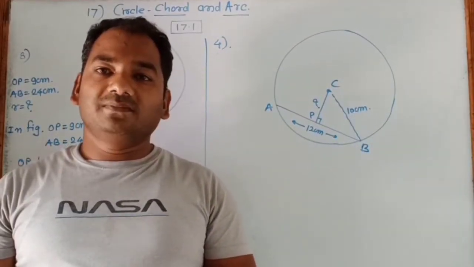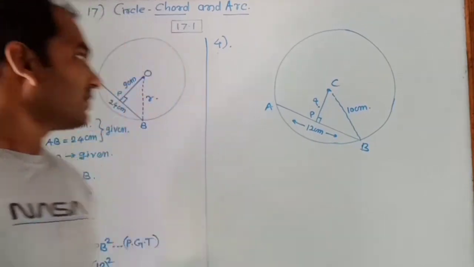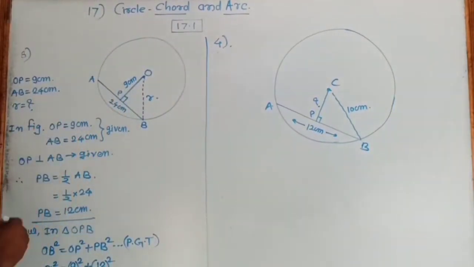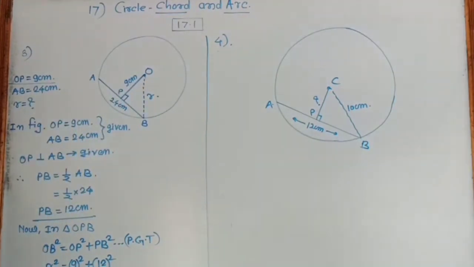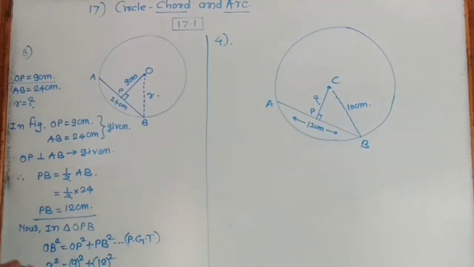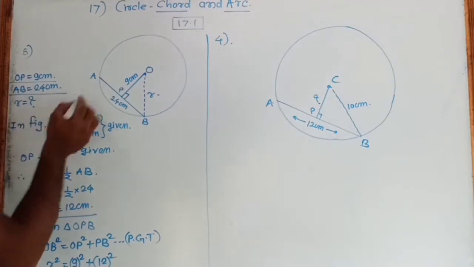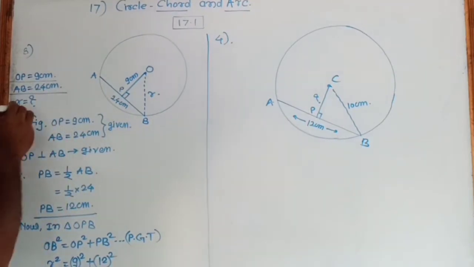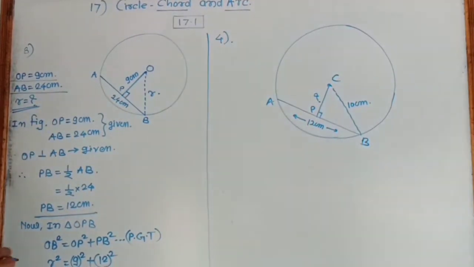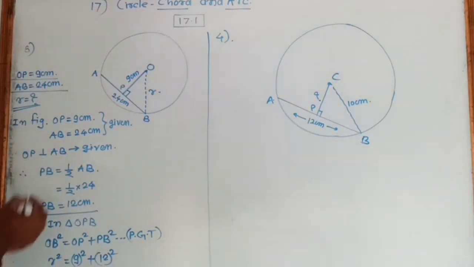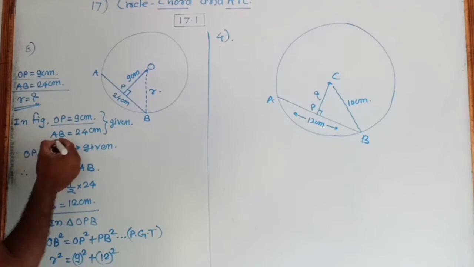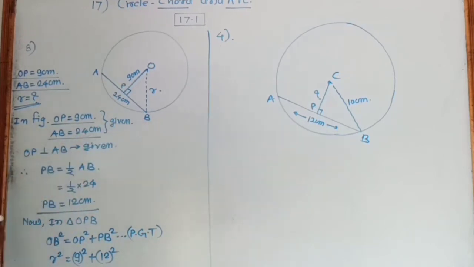Now look at question number 3 here. In the figure, we are given OP is 9 centimeter. That means the distance of chord from the center. The length of chord AB is 24 centimeter and we have to find the radius of circle. So for this, we write OP is 9, AB is 24, that is given.